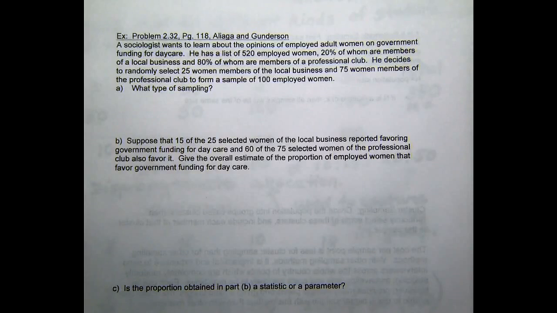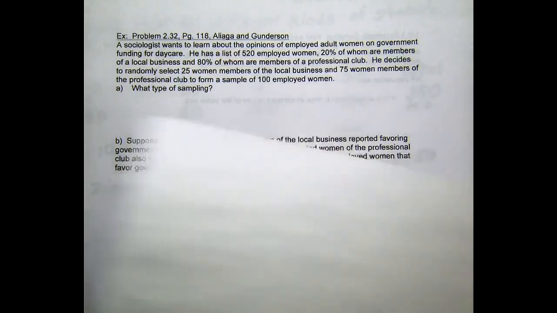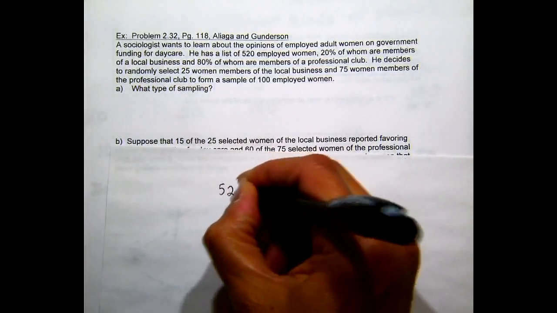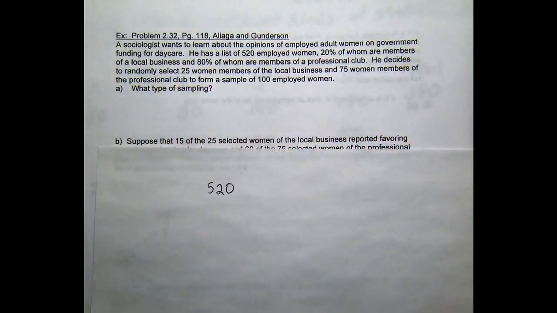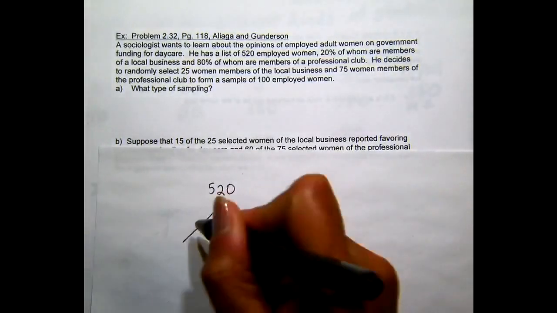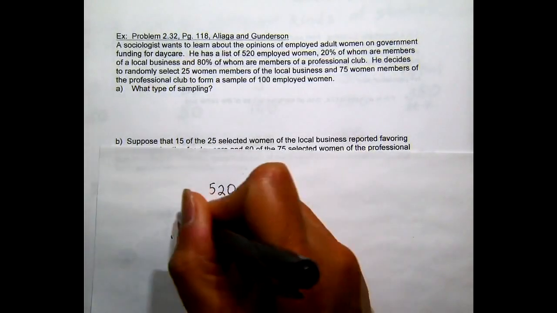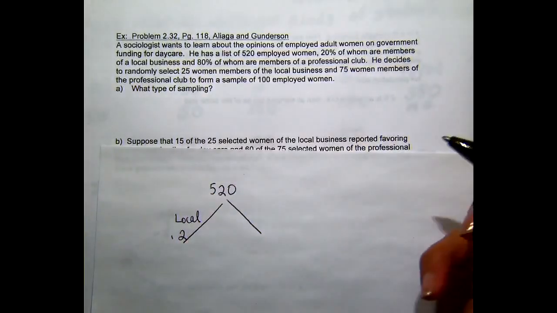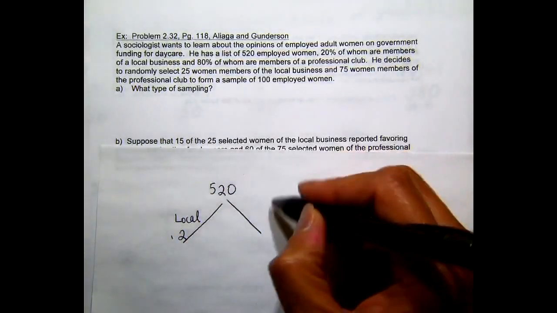A sociologist wants to learn about the opinions of employed adult women on government funding for daycare. He has a list of 520 employed women, 20% of whom are members of a local business club and 80% of whom are members of a professional club.